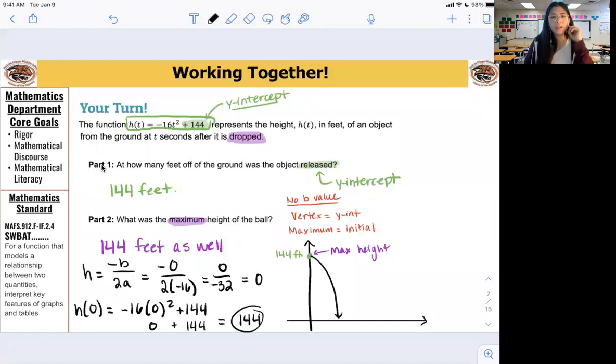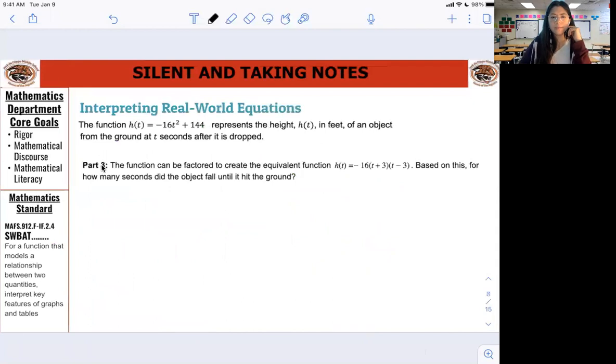Okay, cool. Now I have the same exact problem, but I'm going to add one new thing to it, because we've been talking about the y-intercept and the vertex, but which part of the function have we skipped so far?